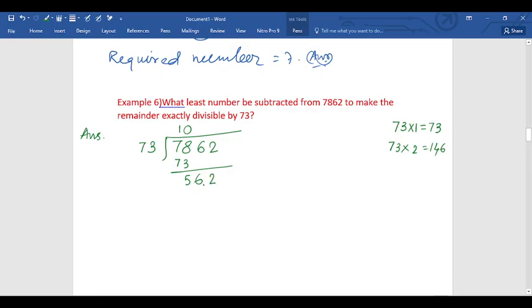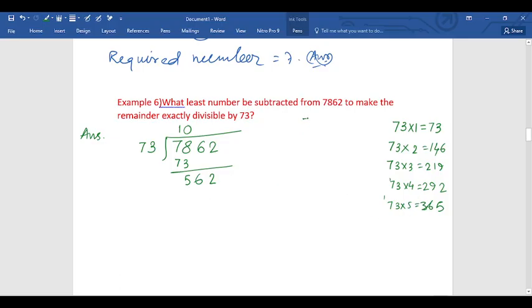Now 562. Next, 73 threes: 3 threes are 9, 3 sevens are 21. 73 fours: 4 threes are 12, carry over 1, 4 sevens are 28 plus 1, 29. 73 fives: 5 threes are 15, carry over 1, 5 sevens are 35 plus 1, 36.